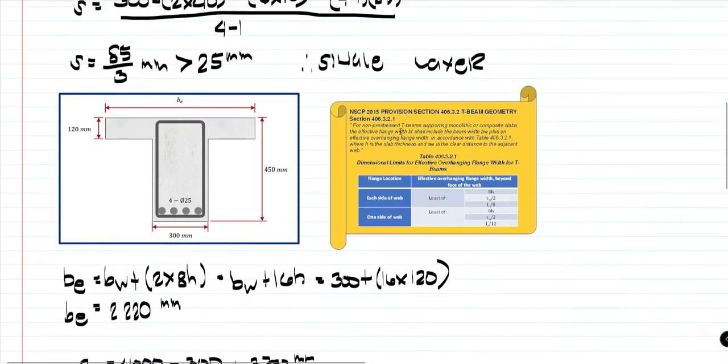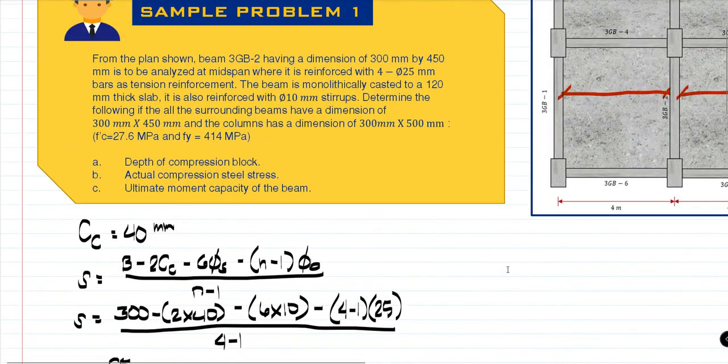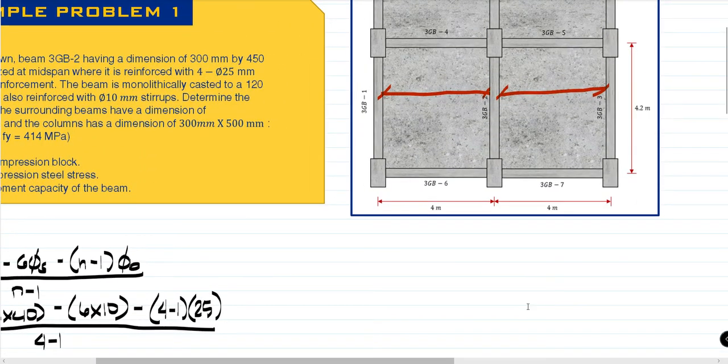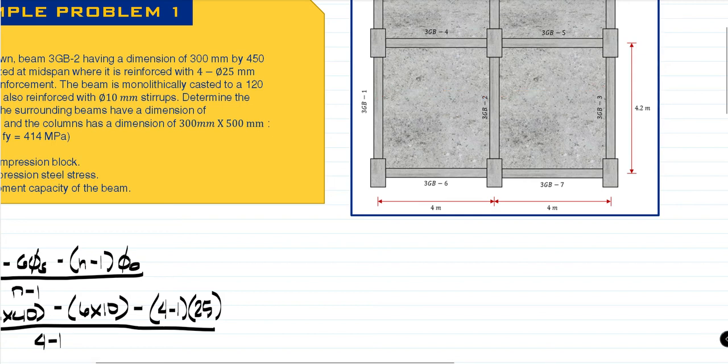So, yung ln natin for this given, syempre, yung clear span length. So, ibig sabihin, since ang given sa atin is center to center distance of column, kailangan natin ngayon i-deduct kung ano yung support ng beam na yun. At ang support ng beam natin is a column.